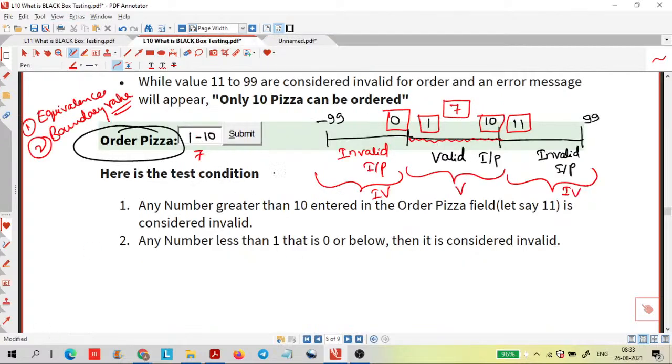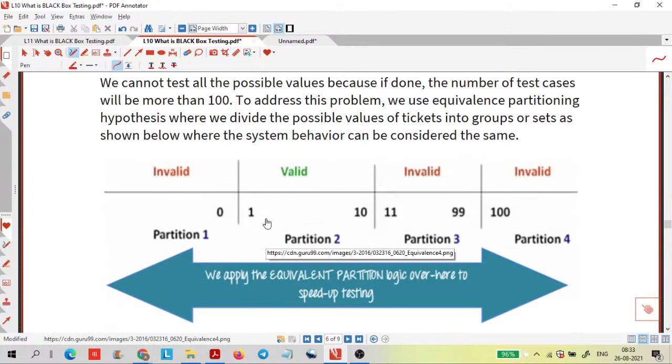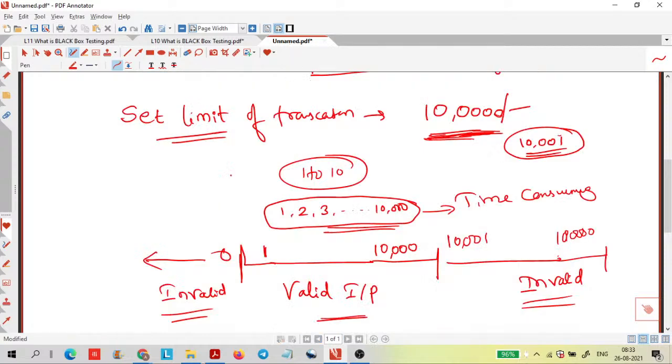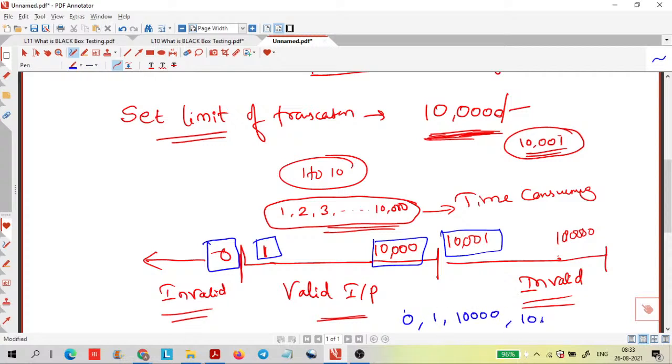So that is what we considered, and boundary value analysis also. In this case, what are the boundary values? The boundary values are 0, 1, 10,000, 10,001.